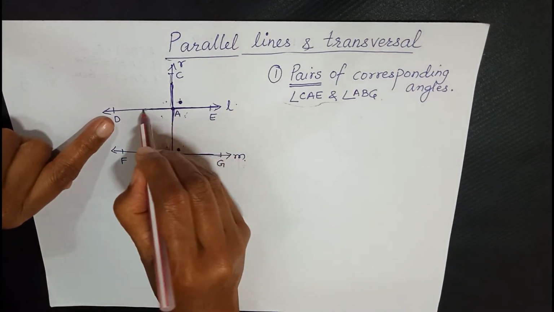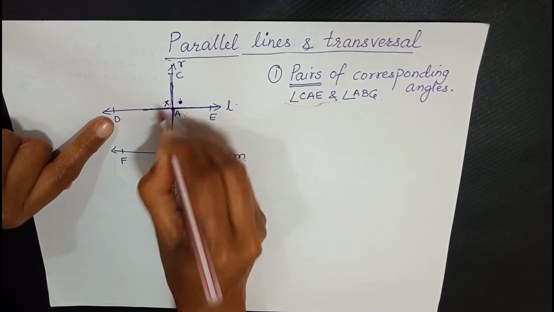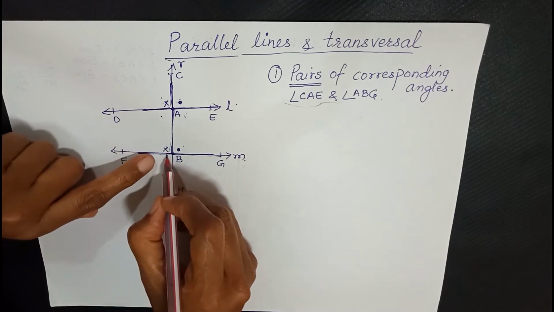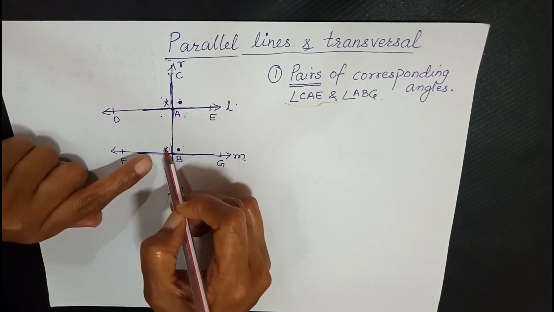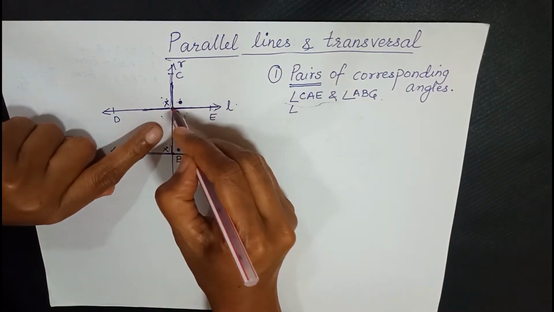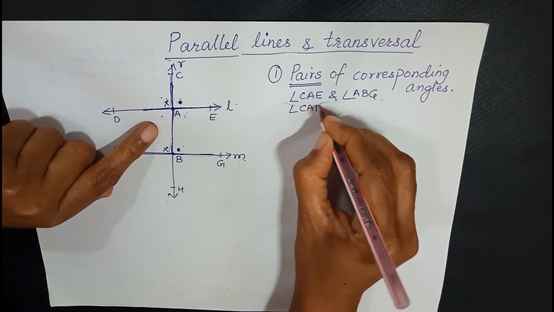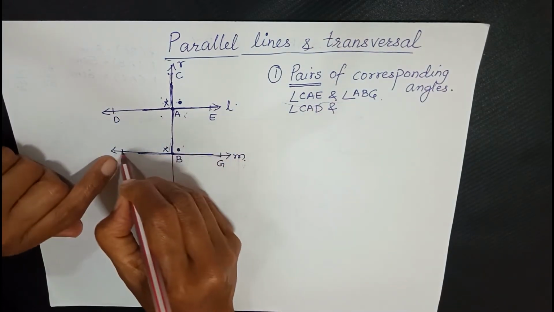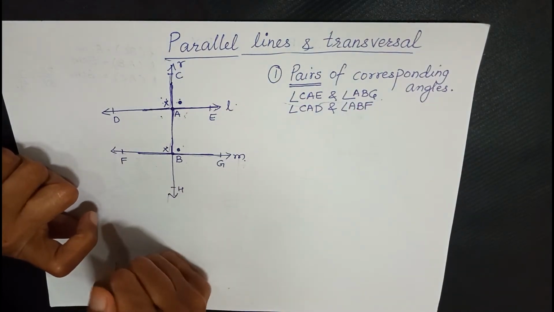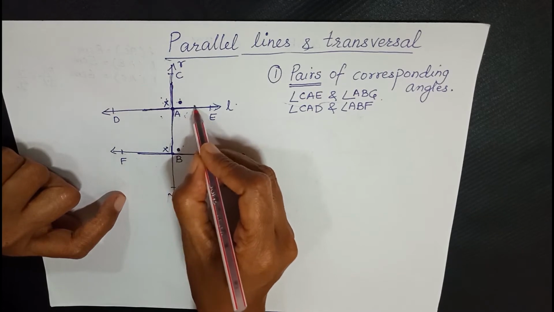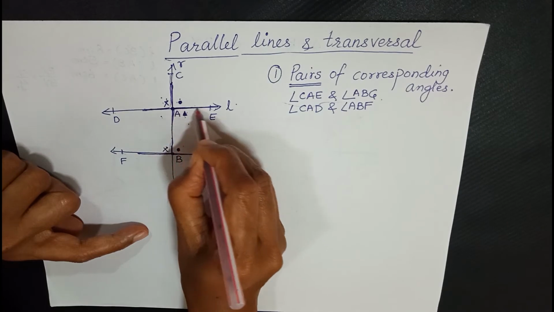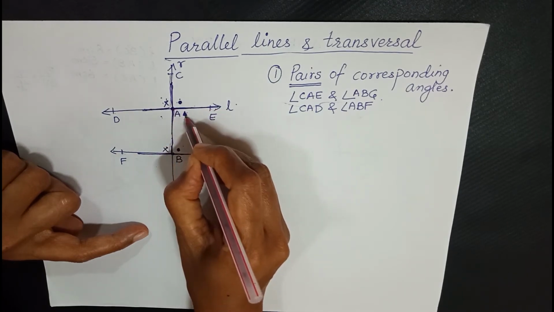Similarly, on this left side, we have one angle above the parallel line. Here also we have one angle above the parallel line. So these two angles are also called corresponding angles. How do we write the name here? CAD and ABF. So this is the second pair of corresponding angles. Similarly, we can have an angle below the parallel line also. This one is below the parallel line and made with the transversal.